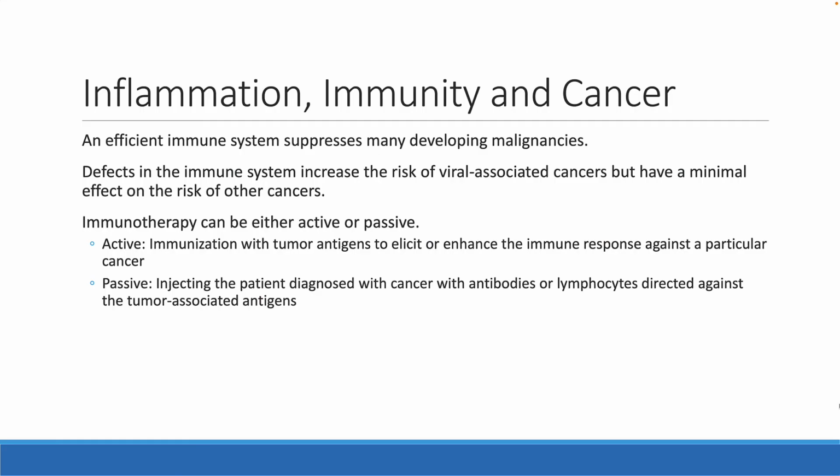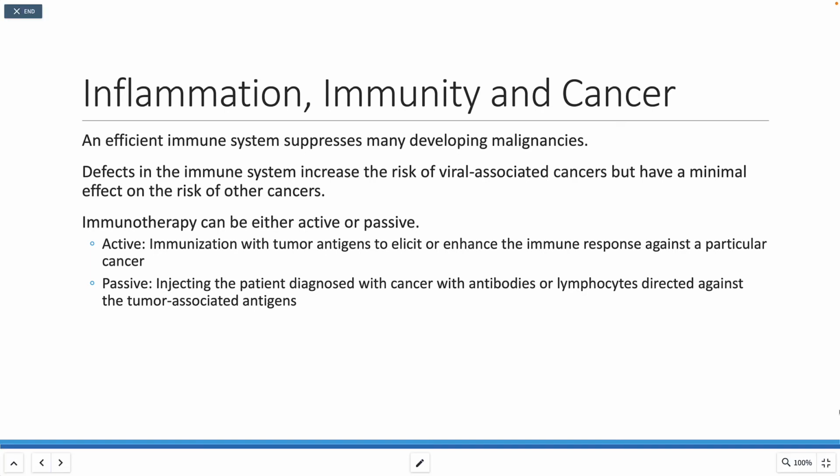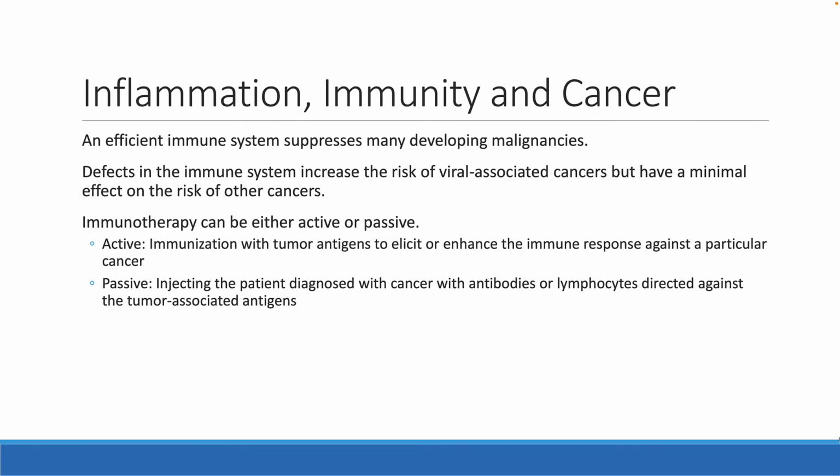Well, you knew it was going to happen. We're going to talk about inflammation again, because inflammation is one of those things that can lead to cancer. There's other things that can do it as well. There are infections that can lead to cancer, and there are immune responses that can lead to cancer development as well.